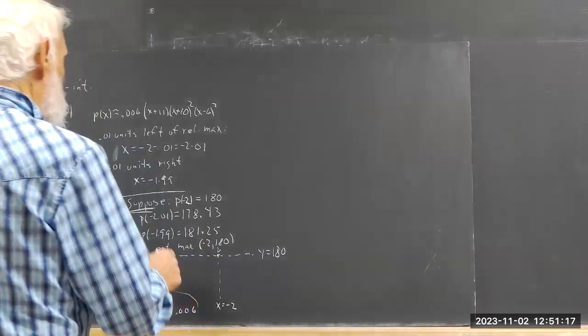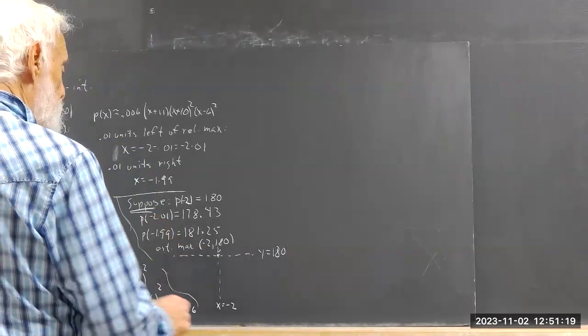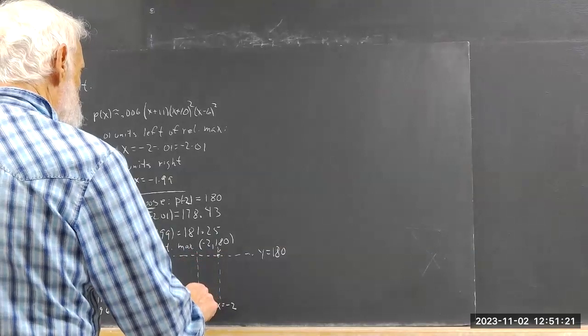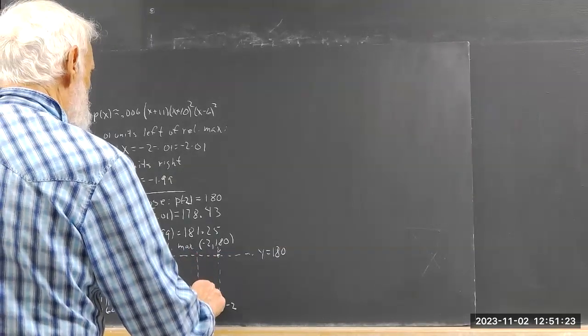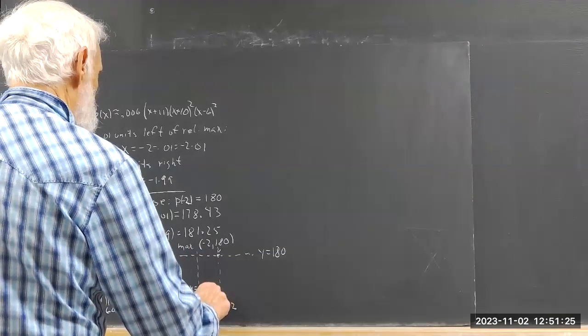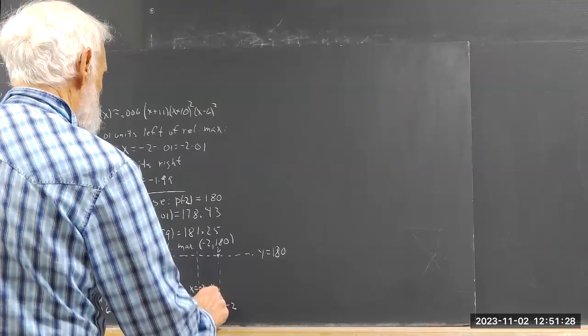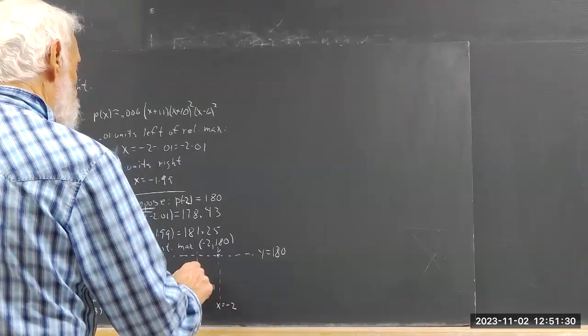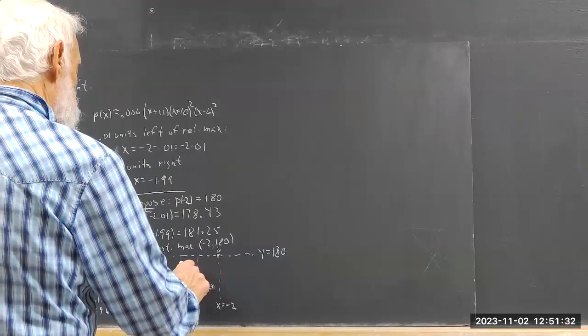Then we have the point -2.01, then y equals 178.43.